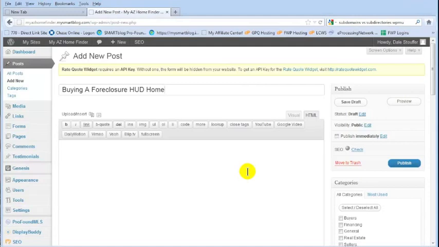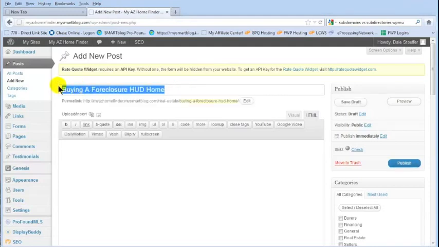Now, when you're getting ready to write a post, when you're just starting out your site, you want to be pretty intentional about the titles that you're using, because your site doesn't have a lot of power in the search engines if it's a newer site. So you want to be intentional about the type of title you're writing.